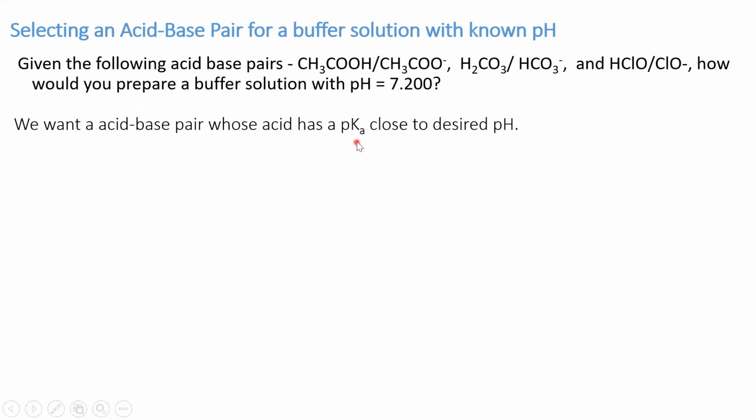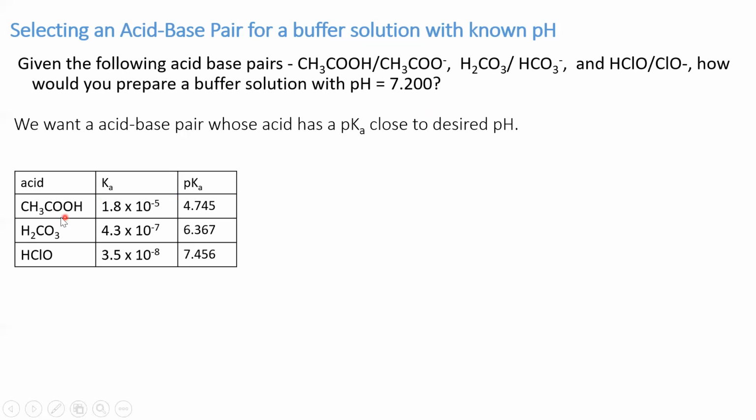Well, what we want is the pair that's going to give us the pKa as close to the pH as possible. So we look up the Ka for acetic acid and the Ka for carbonic acid and the Ka for hypochlorous acid.